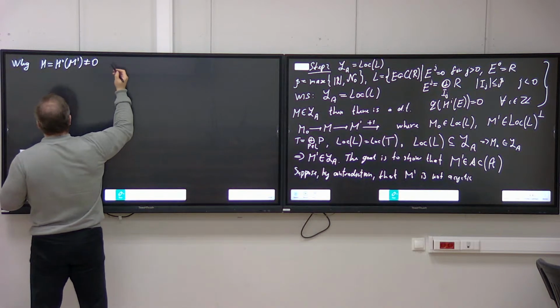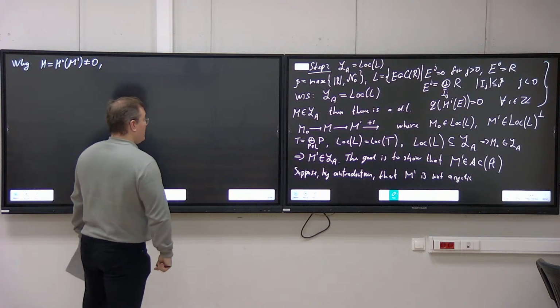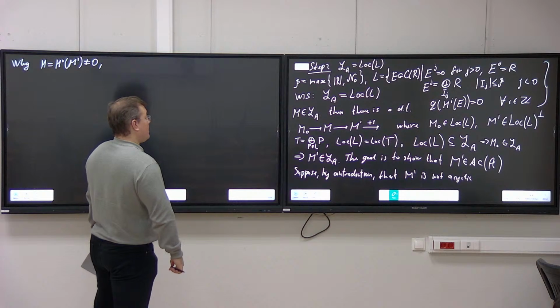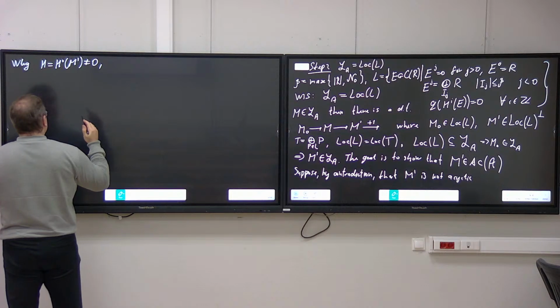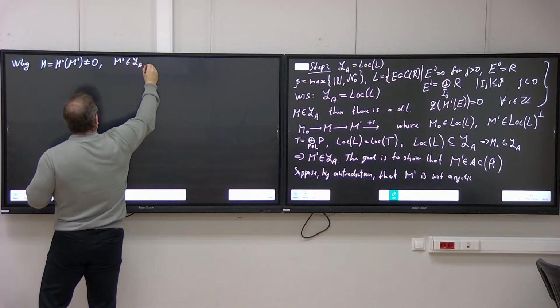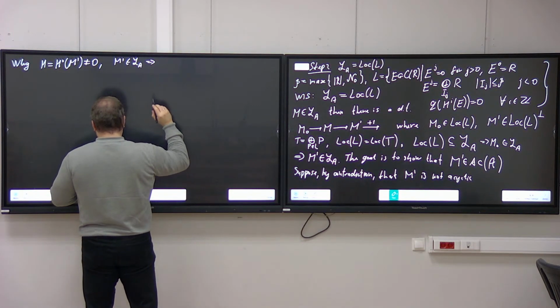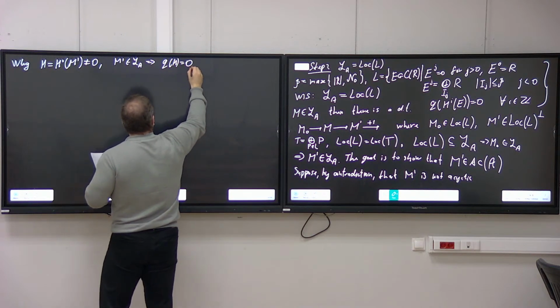So if this is the case, this is M prime, and we agreed that M prime is in the L_A, right? So since M prime is in the L_A, we can conclude from this that Q applied to the H is equal to 0.